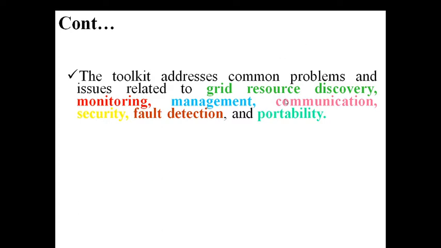It helps with resource discovery, to monitor your data, to manage your data, to communicate with anyone in the world, to provide security, to provide your data indeterminately, meaning any time, 24/7, you can get your data. How? By providing the fault detection concept. Whenever there is a fault in any communication, it automatically resolves the data availability and gets back the data that you want.